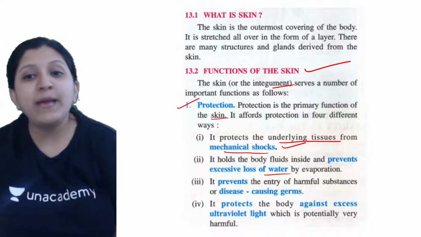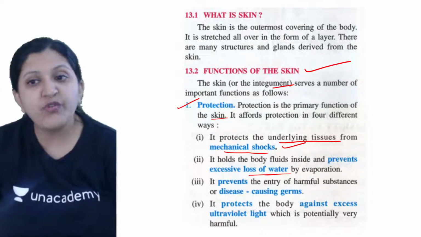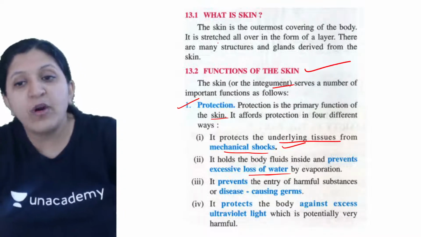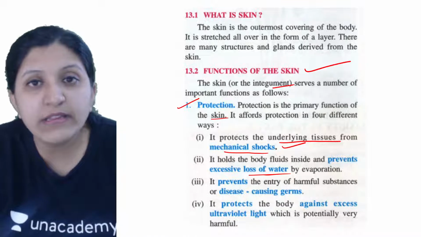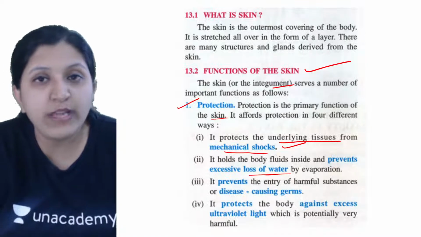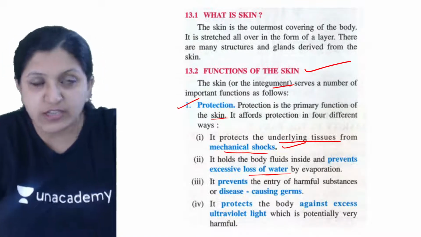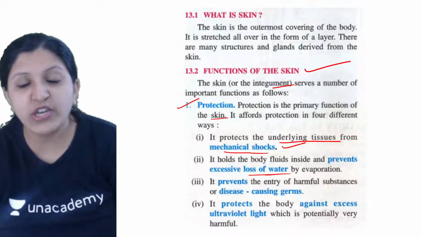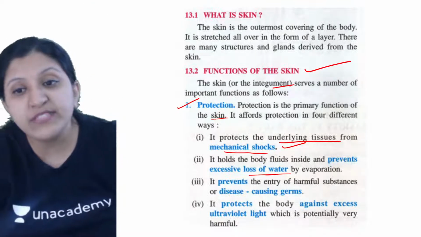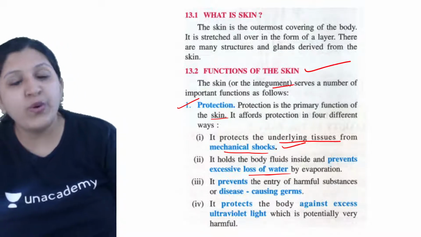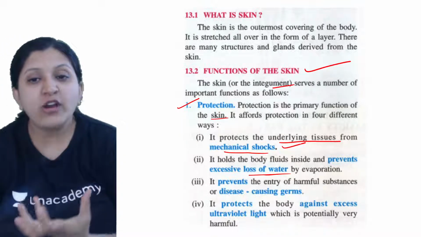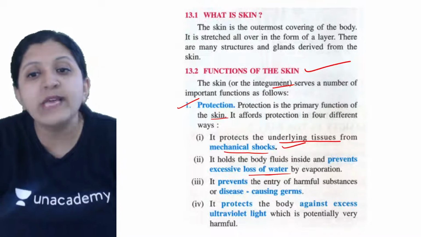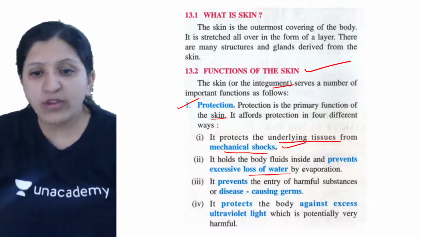In case of cooling down, sweat production occurs. Only if the surrounding is hot does sweat production occur. Otherwise, if the surrounding temperature is cold, then your skin does not allow you to simply lose water. So it prevents the excessive loss of water as well.